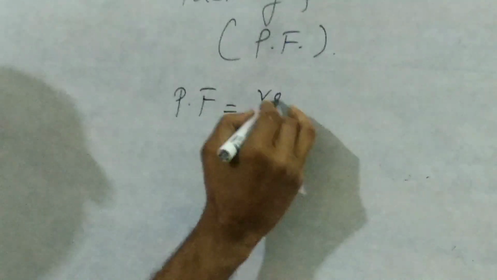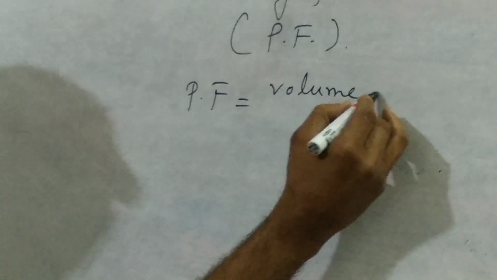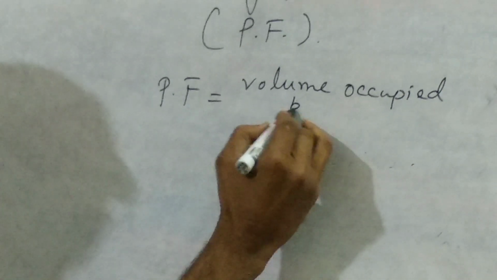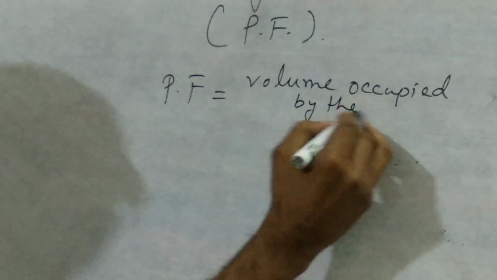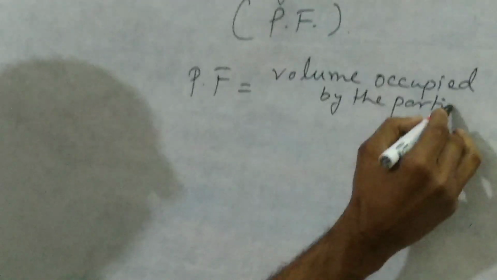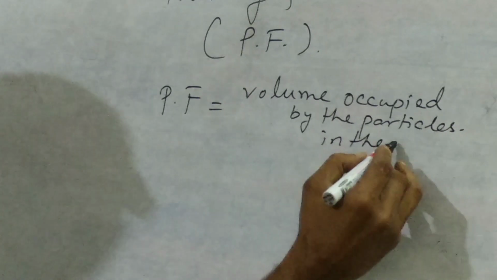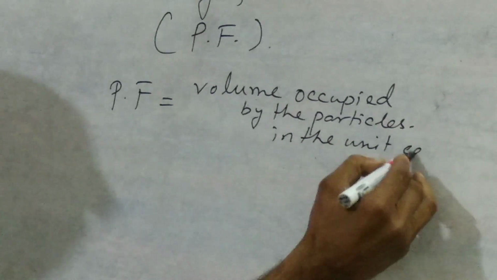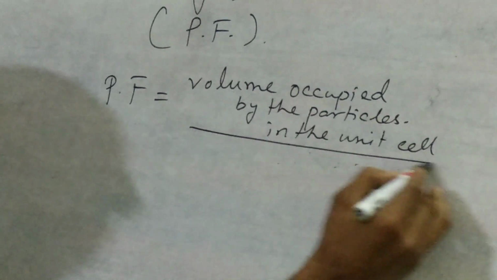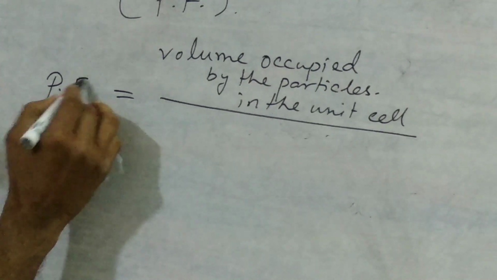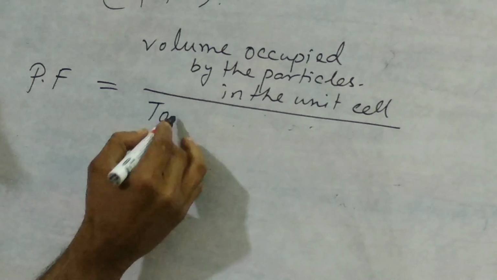So we may write that packing fraction equals volume occupied by the particles in the unit cell divided by the total volume of the unit cell.